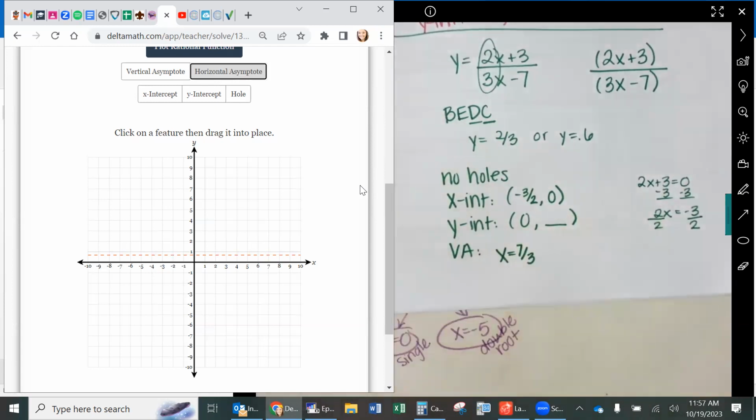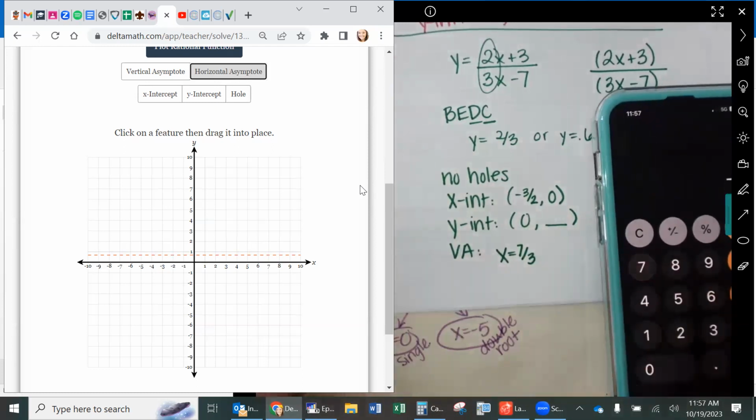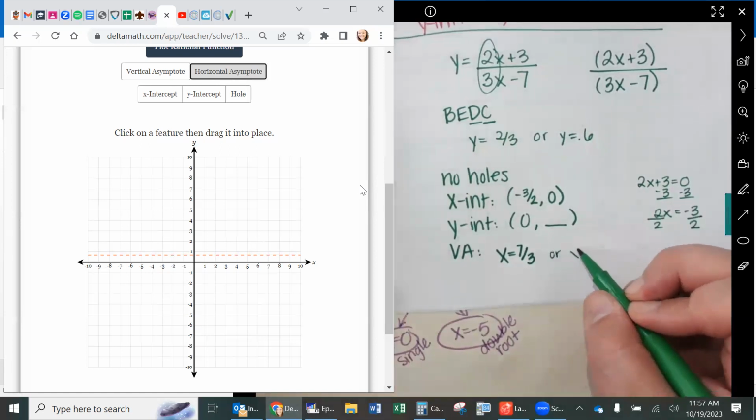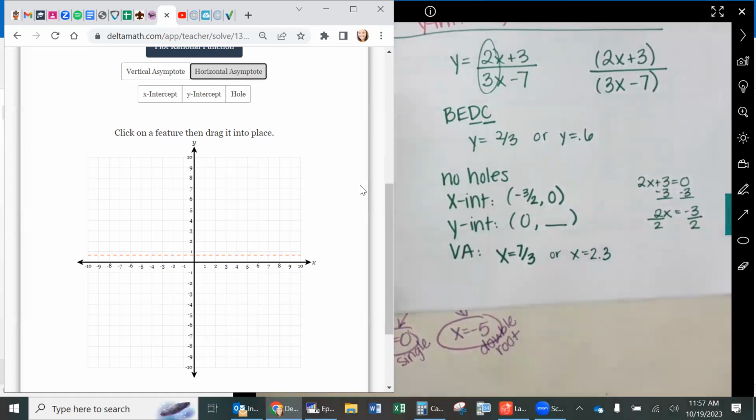Okay, if we don't know what 7 divided by 3 is, divide it in your calculator or on your phone. 7 divided by 3 is the same as 2.3. So click vertical asymptote, and then drag the asymptote to be a little bit after 2. Okay, vertical asymptote, a little after 2.